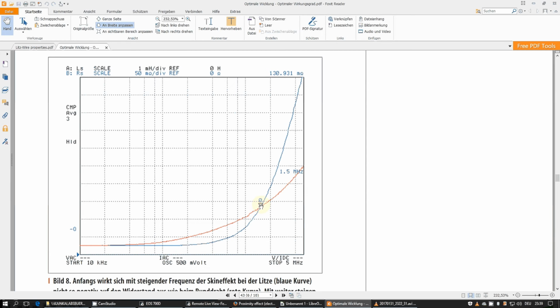Here you can see the litz-wire, now due to the proximity effect, rises steeply in resistance, and the two lines cross each other, just by chance, at the upper end of the AM radio range. So at 1.5 megahertz, it wouldn't matter if you use a litz-wire or a single wire with the same DC resistance, and thereby the same effective diameter as when you would add up all the single litz-wires. And we can come to one conclusion.